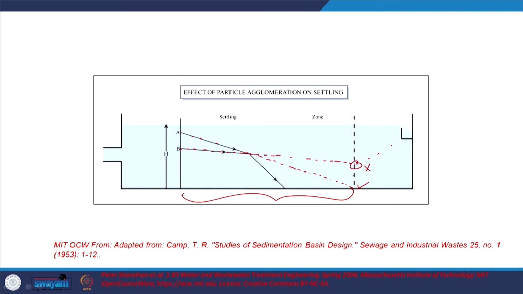Particle A would have been removed, particle B would not have been removed. But what happens? Different settling velocities and also even different fluid velocities there, and thus you have A and B colliding and agglomerating, now a bigger particle. So both settle down, and that too at a much faster or earlier time, I guess. So this is the effect of particle agglomeration on settling, and this is what we typically see, especially when water is coming in to sedimentation tanks and such, right? That's one thing to keep in mind.